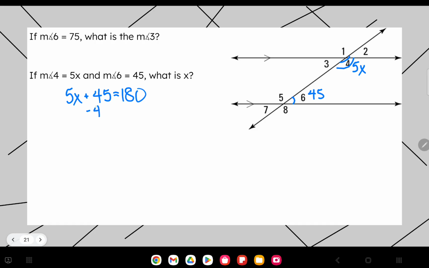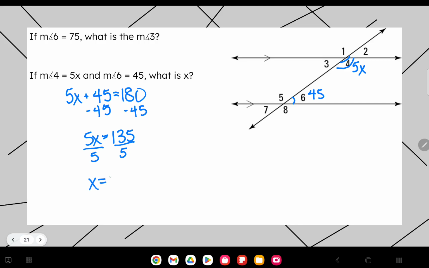So we subtract 45 from both sides. So 5x equals 135. And then we divide both sides by 5.